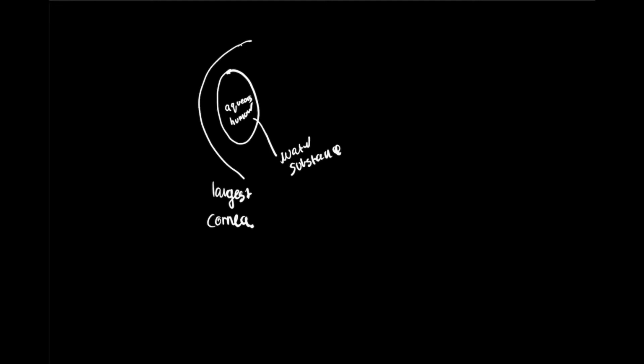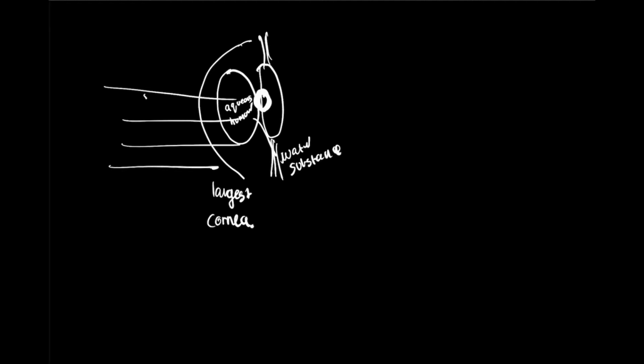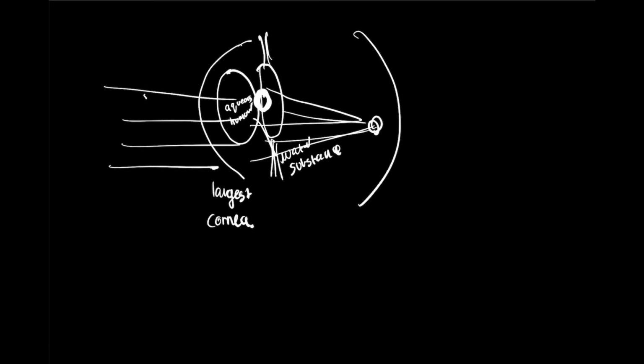And then obviously behind that we have the lens, and we also have the pupil here. So the refraction will come in from all of these different directions, and then it will centerize at a core point on the retina.